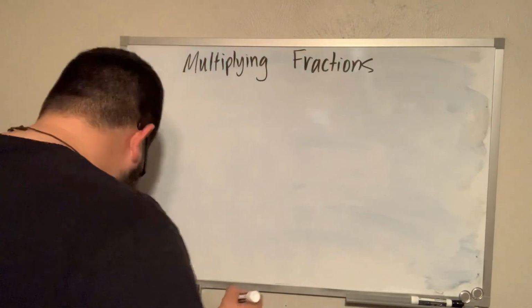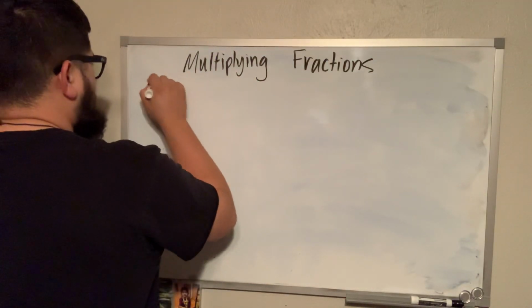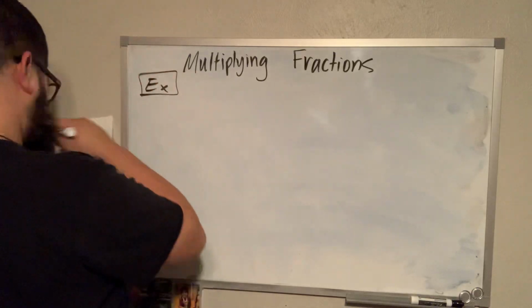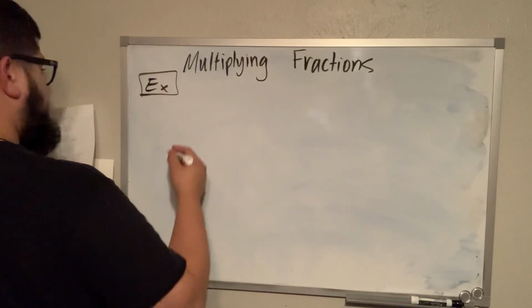So we want to see what happens to that particular number. We're going to go ahead and work with our example. Example, I believe it's example 5, but it's okay.